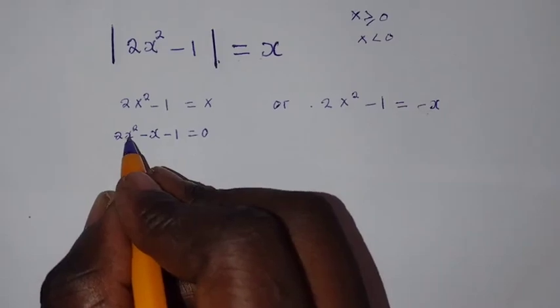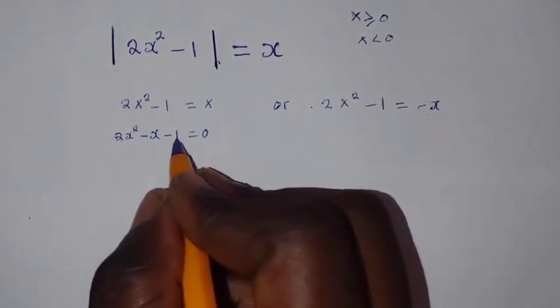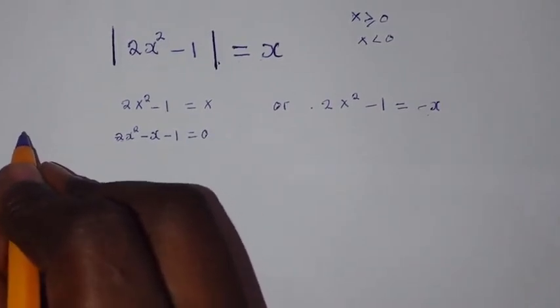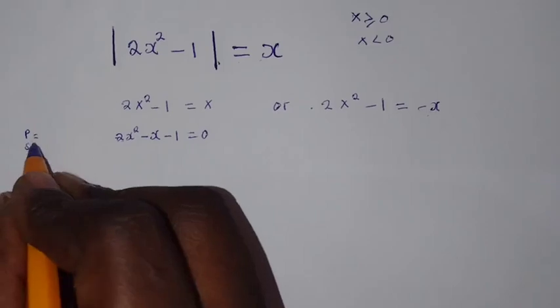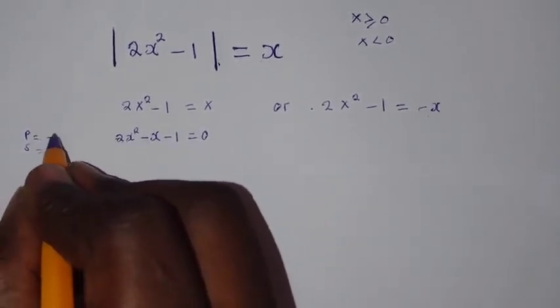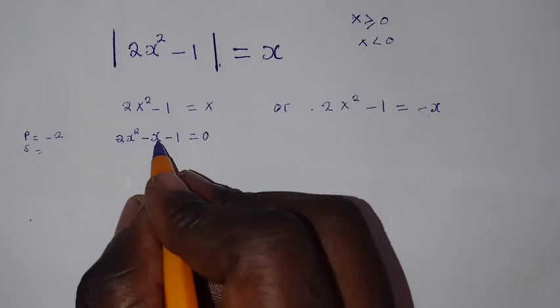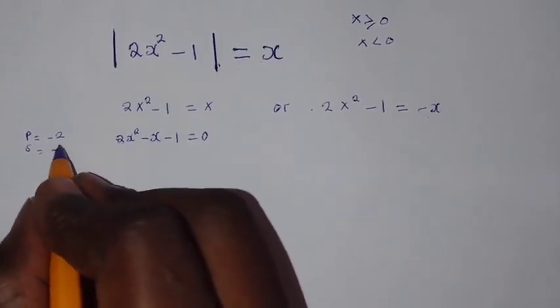We can notice that the coefficient of x squared is 2, and here we have a negative 1. So we can come up with the product and the sum. The product will be 2 times negative 1, which is negative 2. The sum is the coefficient of x in the middle, which is negative 1.